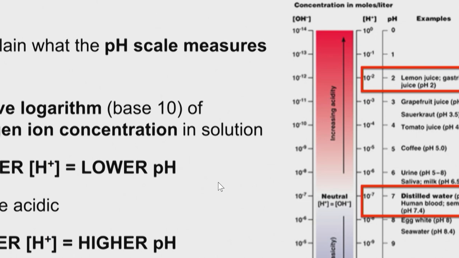The difference between pH 1 and pH 2 is a tenfold change, an entire decimal place. So a difference of a single pH digit would be the same as comparing 1 million H plus ions to 10 million H plus ions.